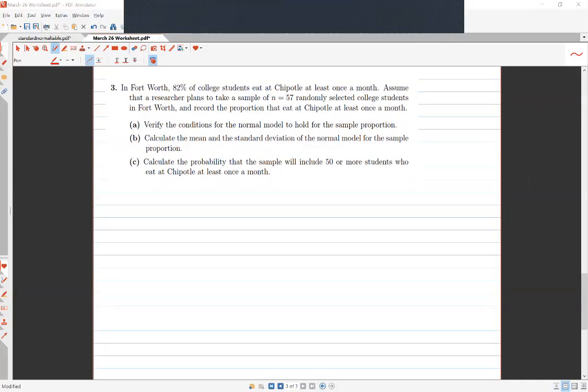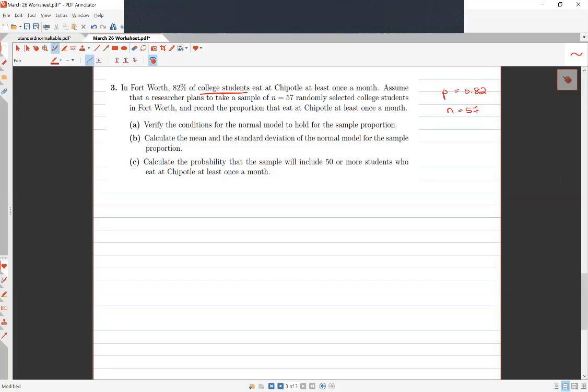So when we're talking about all college students in Fort Worth, that 82%, that's my population proportion because it applies to all college students in Fort Worth in totality. Of all of those students, I'm going to take a sample of 57. And in that sample, I'm going to record what proportion eats at Chipotle at least once a month.